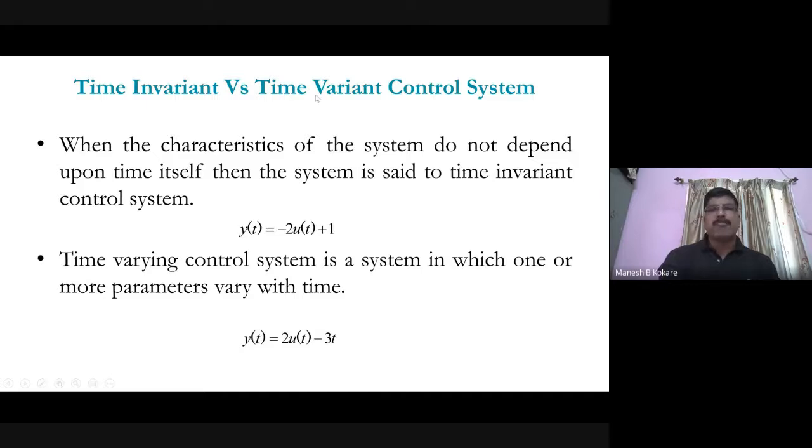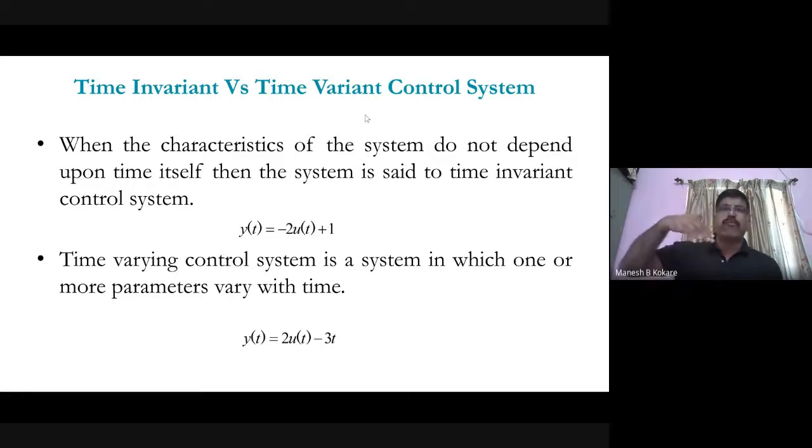But for example, in missile launching or a space aircraft, when launching starts, its mass will change with respect to time.